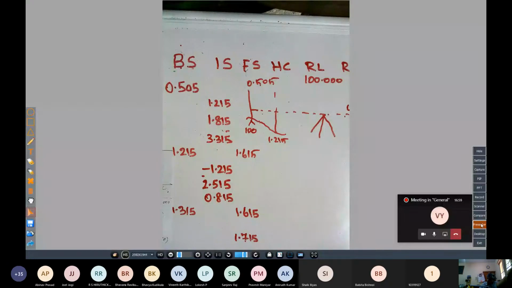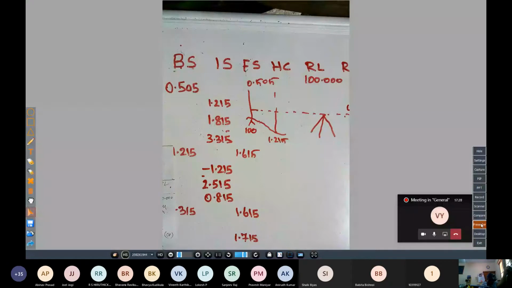They are not one and the same. The condition is when the bubble remains at the center for all 360 degrees of rotation, the line of sight generates a horizontal plane perpendicular to the vertical axis. So against this horizontal plane, when you are holding a scale and taking a reading, the difference between the readings gives you the relative elevation.